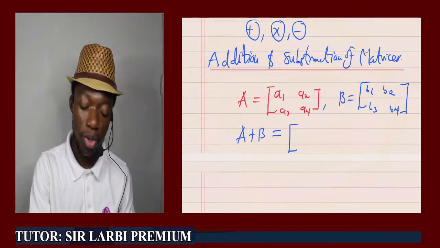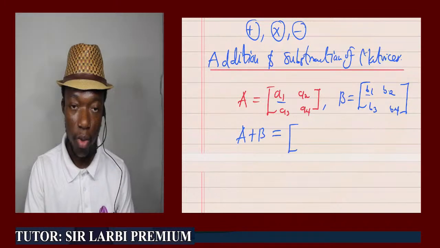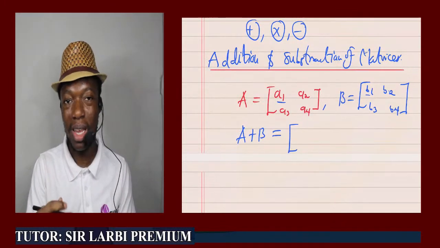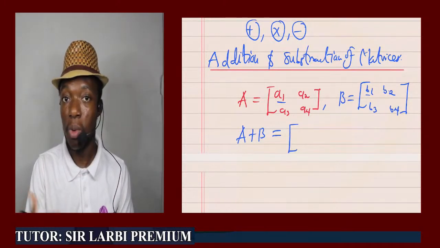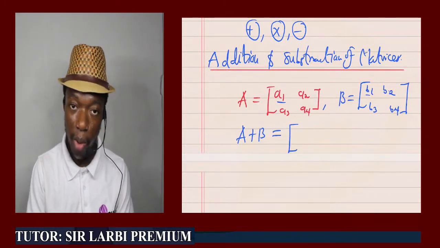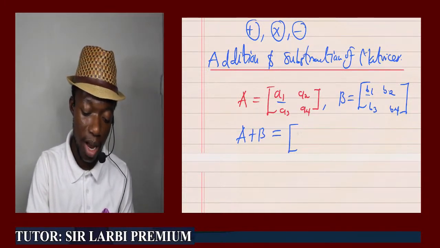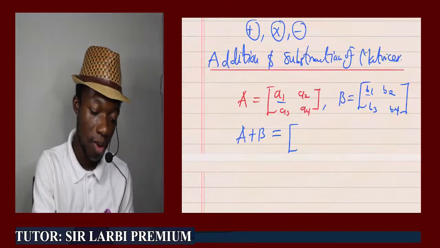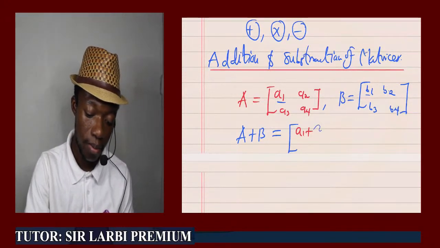You see where A1 and B1 are positioned. We look at their corresponding positions and either add or subtract depending on the requirement of the question. Here we are going to add, so we will have A1 plus B1.